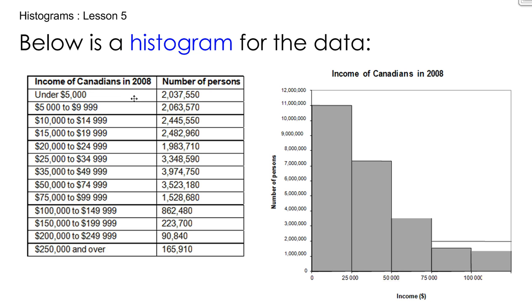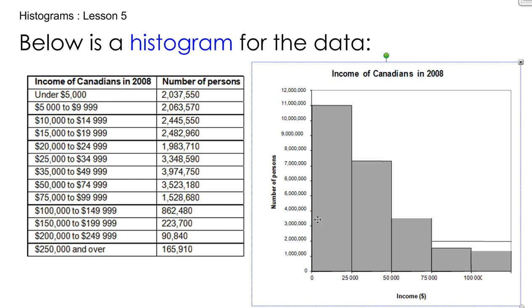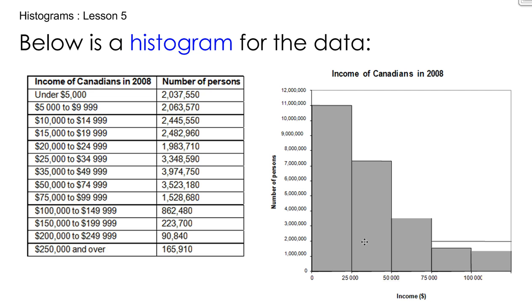So essentially, we could have generated a histogram with many little bars using these exact categories. But the individual who made this histogram chose to make it so that it represented 5 of these categories at a time. All right, so the first category represents all the way up to here. The second one represents all the way up to here. The third one, these 3 added together, and the fourth one all the way up.